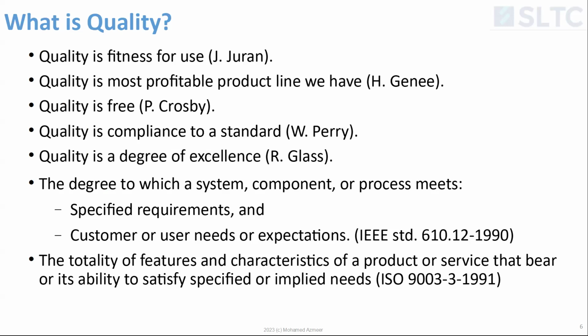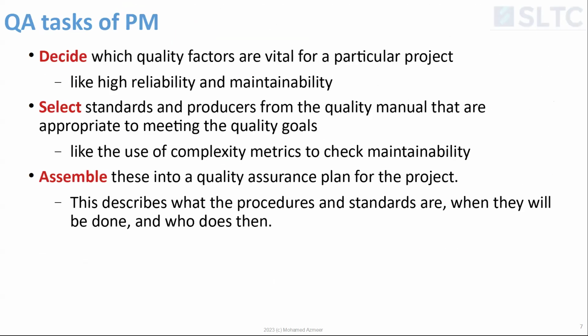There are also other areas like CMMI and so on. So you have to select one. Okay, like the use of complexity metrics to check maintainability. There are charts and graphs and whatnot. So you need to select something. While you're developing, you can say how compliant we are, for example, to these metrics.